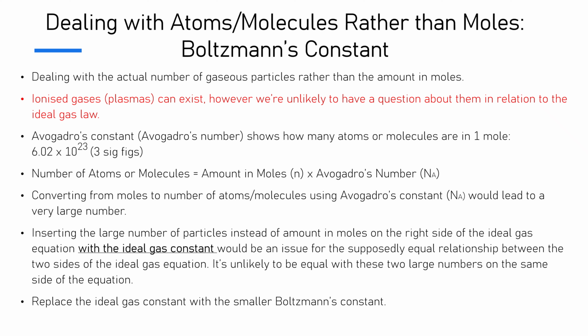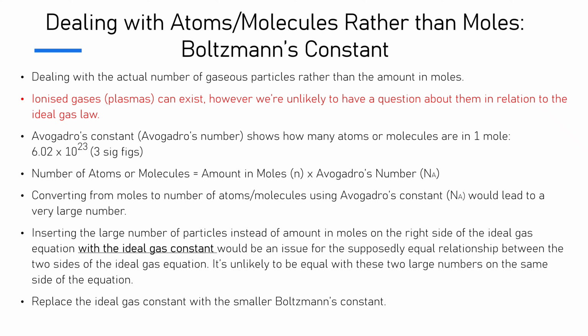It's unlikely to be equal with these two large numbers on the same side of the equation. So we need a constant that consists of a small number to balance out with the large number representing the number of particles that has been inserted into the same side of the equation as the constant. This balancing out on the one side of the equation means that it's more likely that the two sides of the equation will be equal.